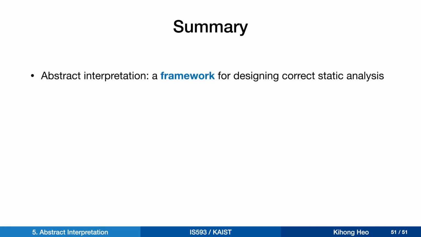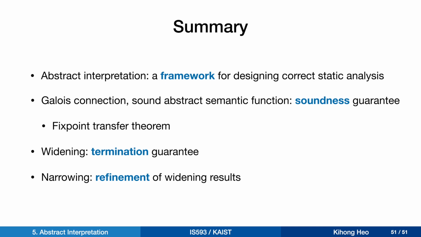In summary, we have covered the abstract interpretation framework. Abstract interpretation is a framework for designing correct static analysis. If your design satisfies these two requirements, the first one is Galois connection, and the second one is the soundness of the semantic function, then the soundness of your analysis is guaranteed by the fixed point transfer theorem.